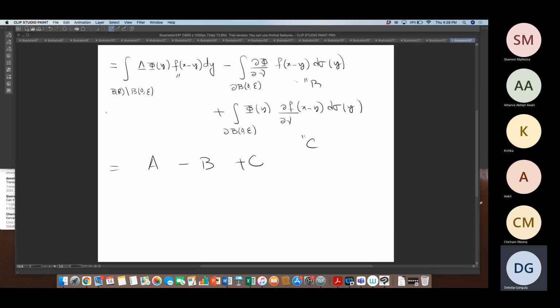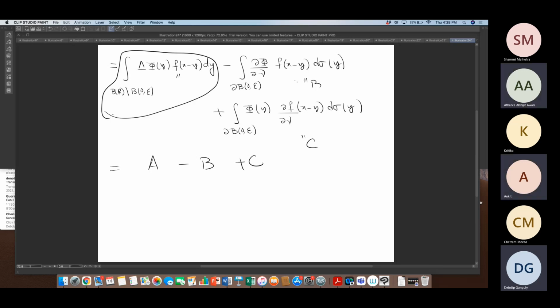Okay. What is your a? Immediately, who will tell me? What is a? 0, because the Laplacian of phi of y equals 0 for y not equal to 0. So this is 0. Now what remains are b and c. Let us first concentrate on c.